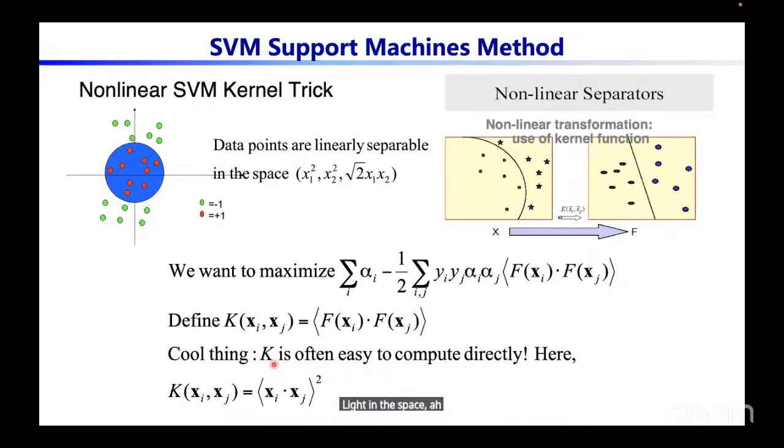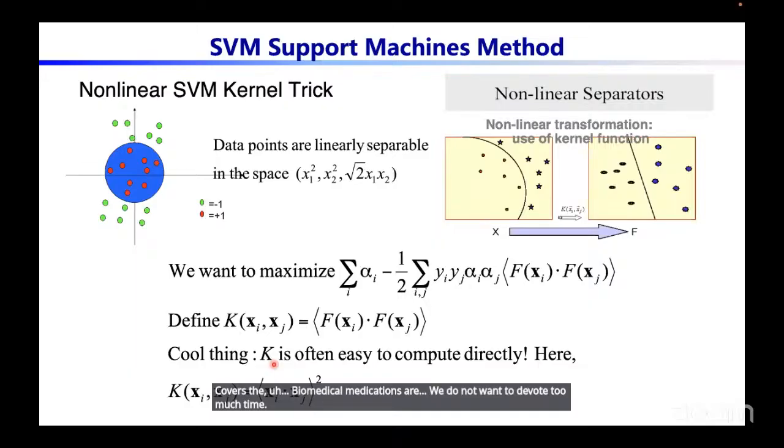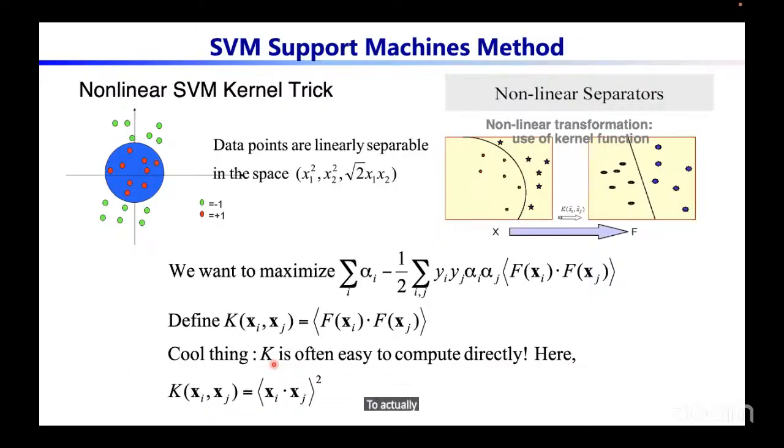So mathematically it becomes complicated. I think for us in this lecture that really covers the biomedical applications, we do not want to devote too much time to digging into the mathematics of the theory.